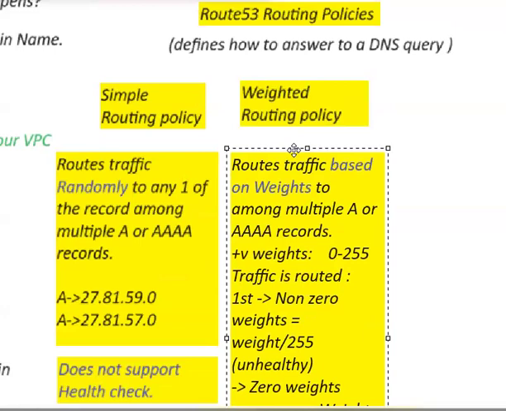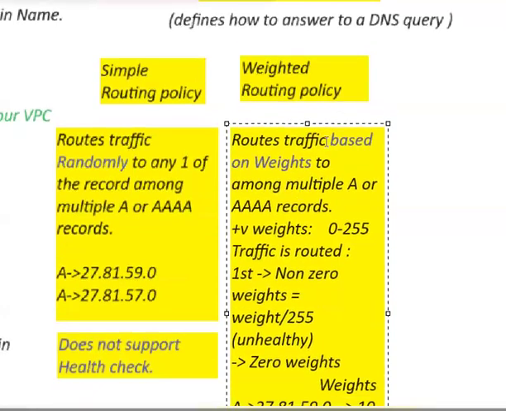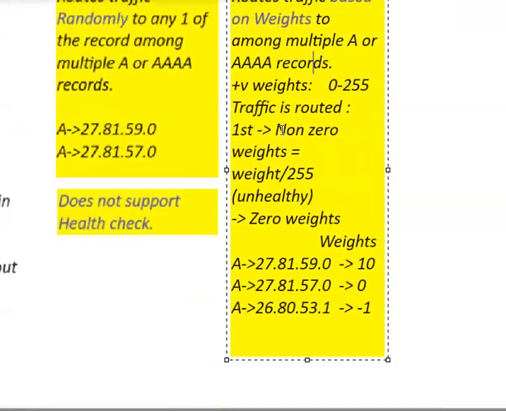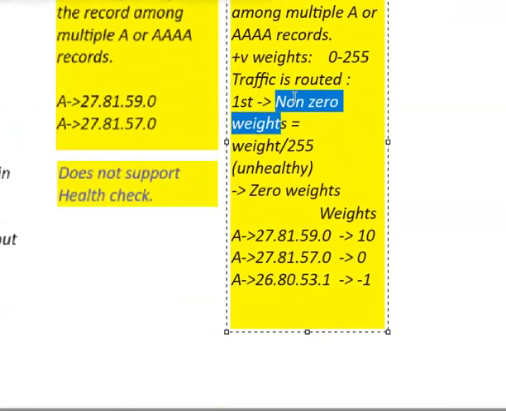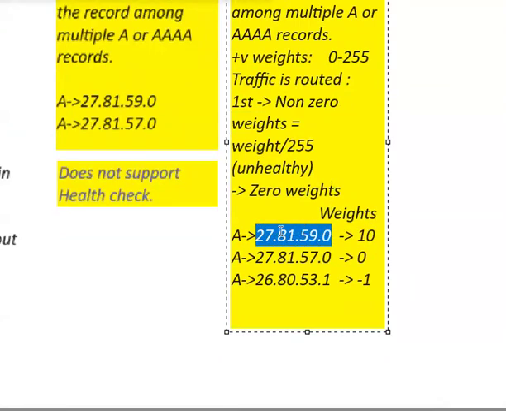So in the weighted routing policy, your request will be routed in this way based on weights. First, it will be routed to non-zero weights, and among non-zero weights, it will route more requests to the highest positive value record, and less traffic to the lowest weight records.